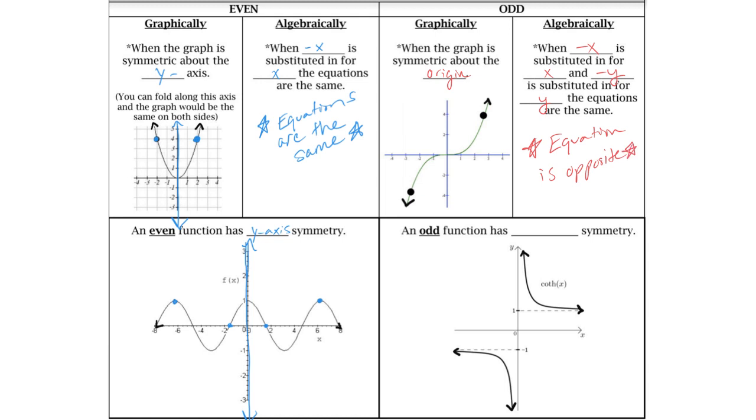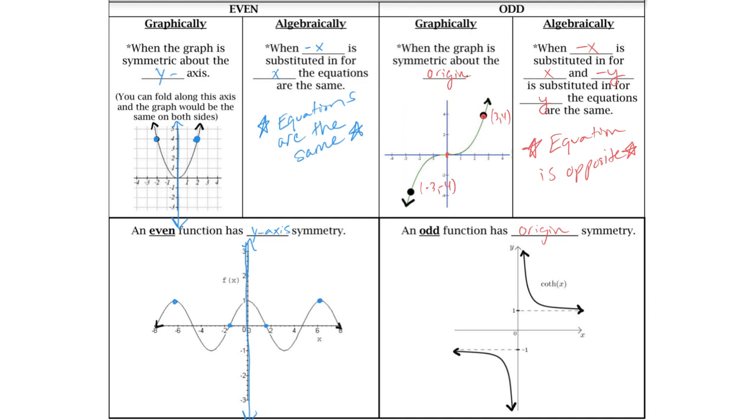That's algebraically. But if you think about it, here's our origin, and here's (x, y) at (3, 4). If it's symmetric about the origin, it needs to be (-3, -4), which it is. So an odd function has origin symmetry.